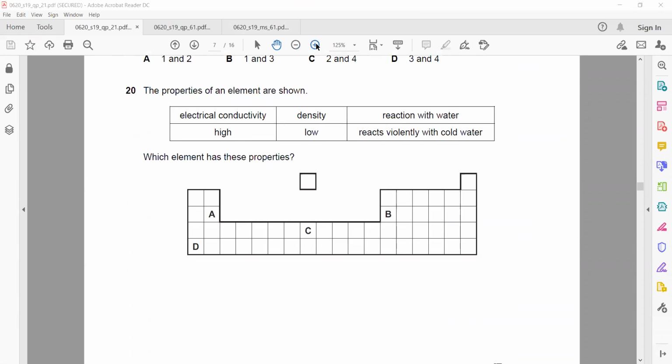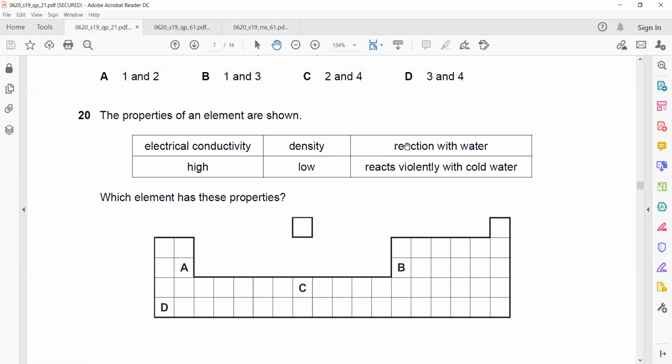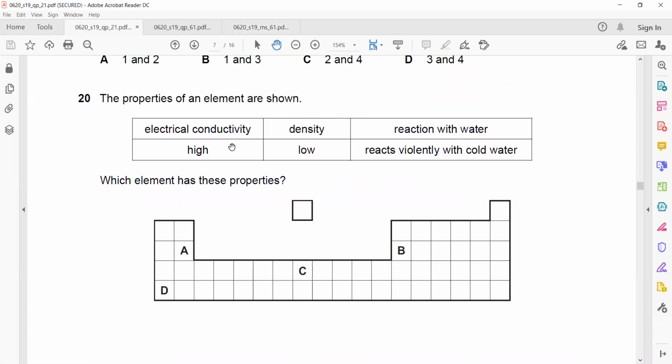In question 20, the properties of elements are shown. Electrical conductivity is high. The density is low. Reaction with water: reacts violently with cold water. So which element has these properties? It matches the properties of alkali metals, group 1 metals. All metals can conduct.